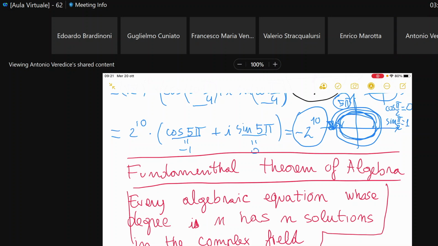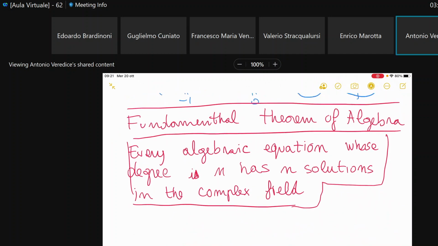Okay, of course all solutions must be considered with the algebraic multiplicity.